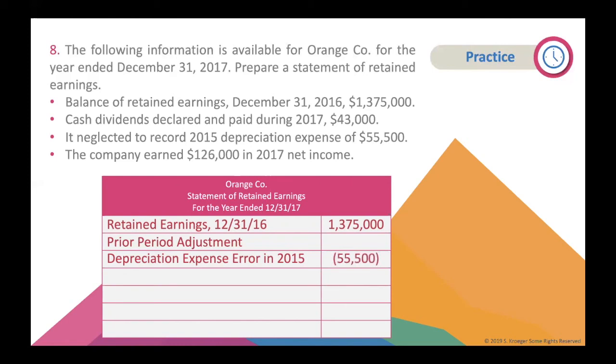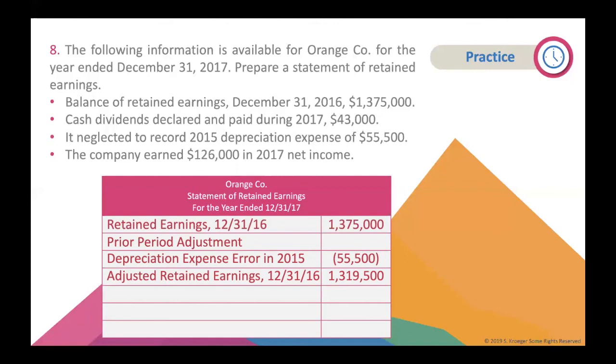This is because the $1,375,000 beginning balance is too high by $55,500. We then write out our adjusted retained earnings, which is really the correct amount. It is $1,319,500. This is really what our beginning retained earnings should have been if we never made the mistake.